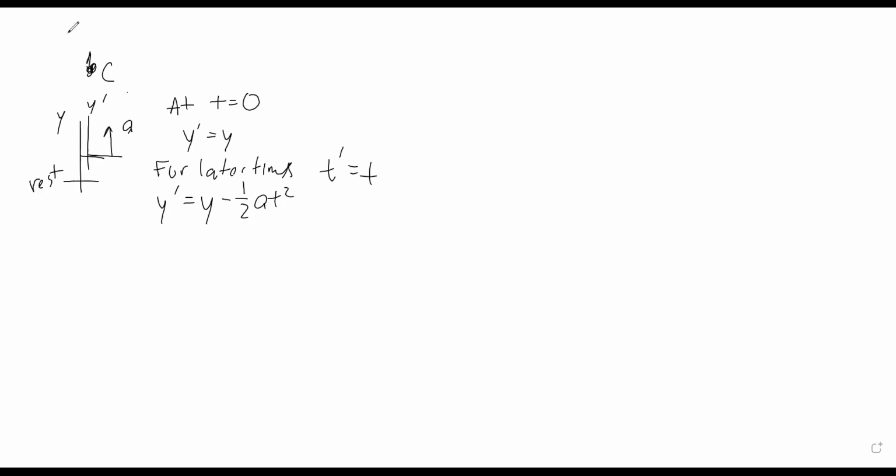Now what if this thing is moving? What if it has a certain v sub y in the unprimed system? Well, what is v sub y prime then? It's going to equal v sub y minus at. So that would be the velocity of this object in the moving frame versus the unmoving frame.